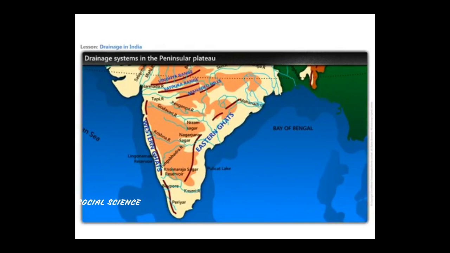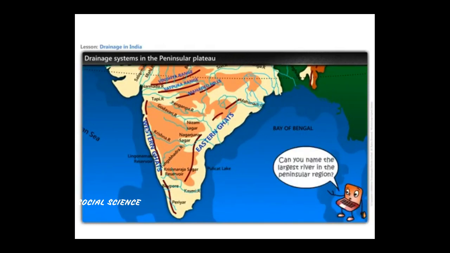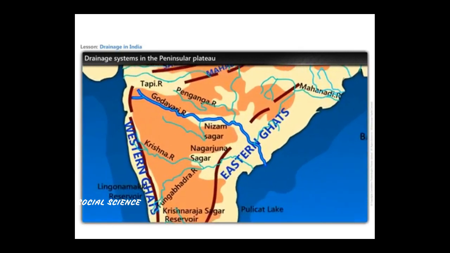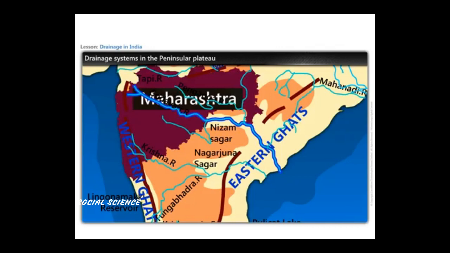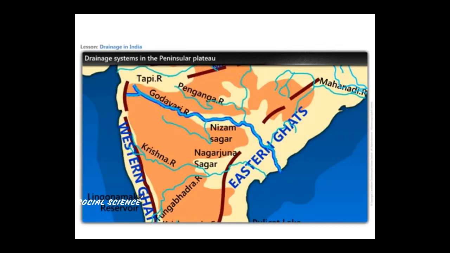Look at the east-flowing rivers in the Peninsular region. Can you name the largest river in the Peninsular region? The Godavari is the largest peninsular river that rises from the slopes of the Western Ghats in the Nasik district of Maharashtra. Its length is about 1,500 kilometers.